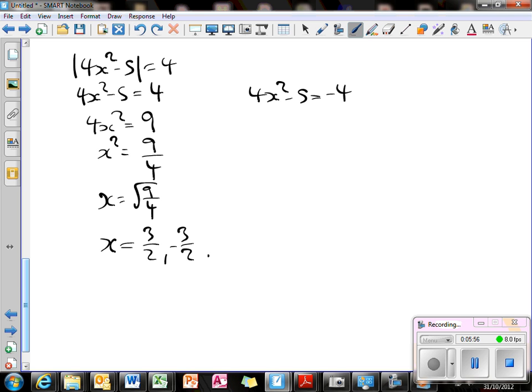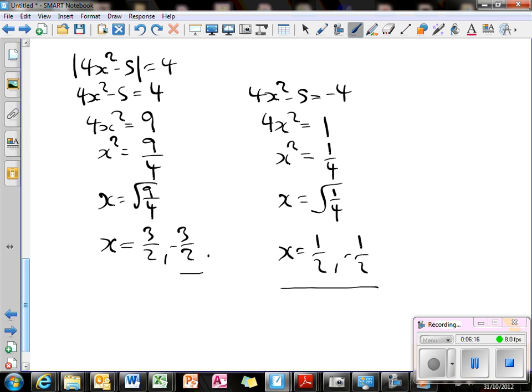And then for the other one, 4x squared equals 1, x squared equals a quarter, so x equals square root of a quarter, and again we're going to get a half and minus a half.